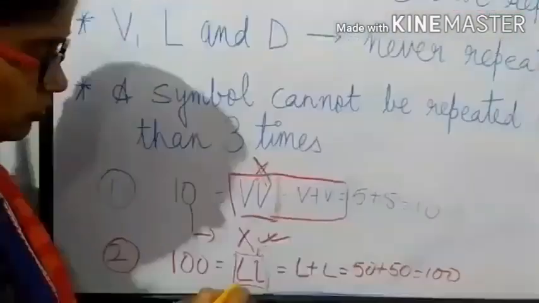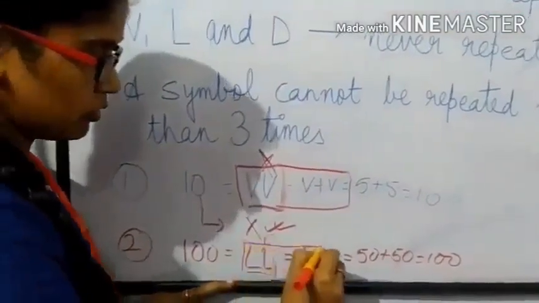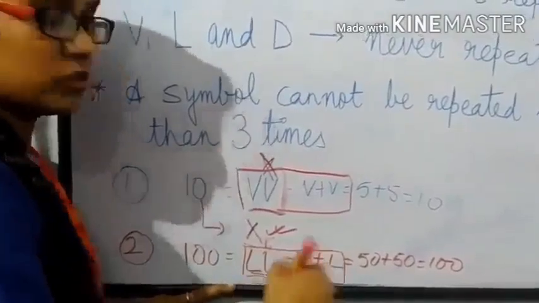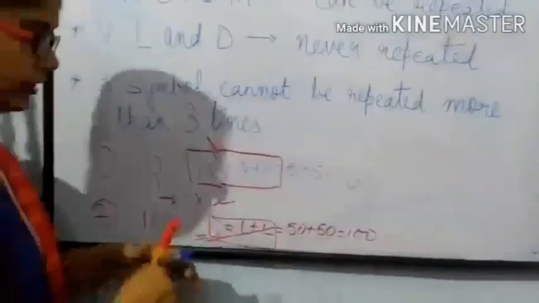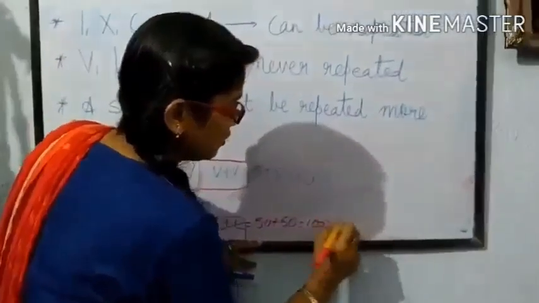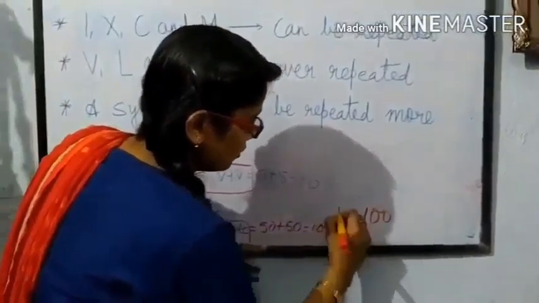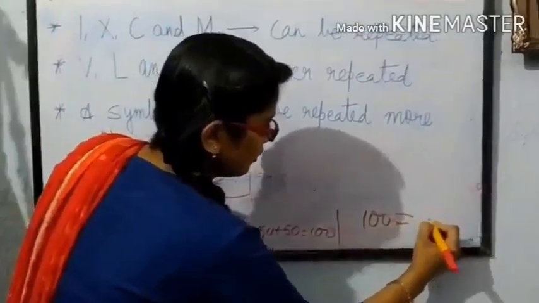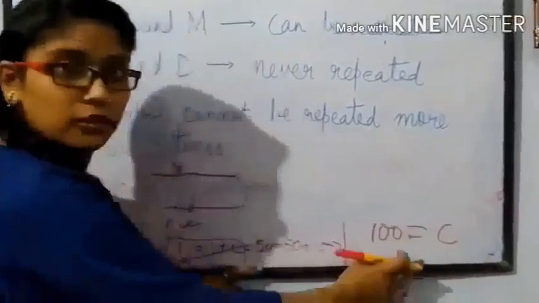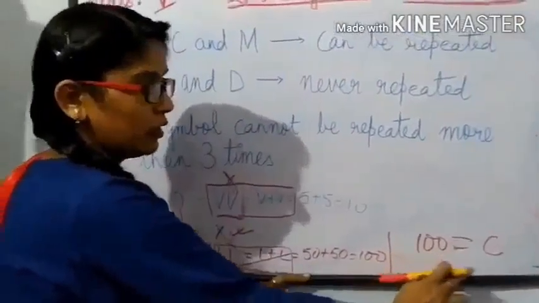This is the wrong symbol. So the right symbol for 100 is C. This is the right symbol for 100.